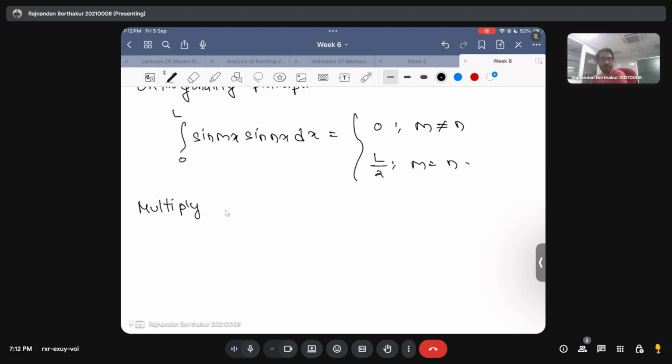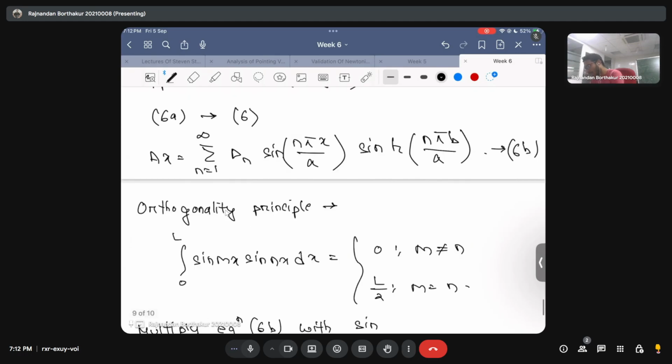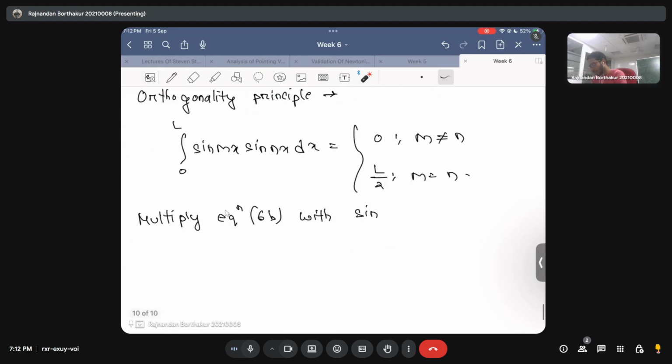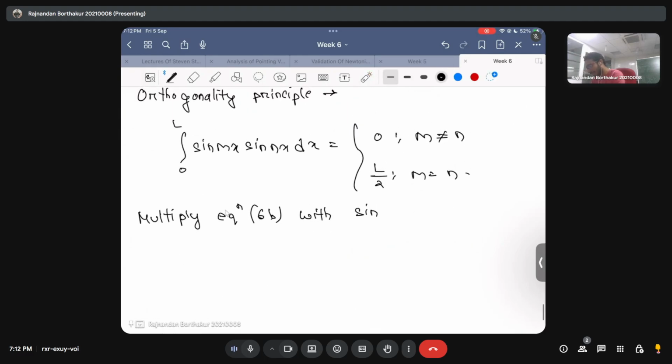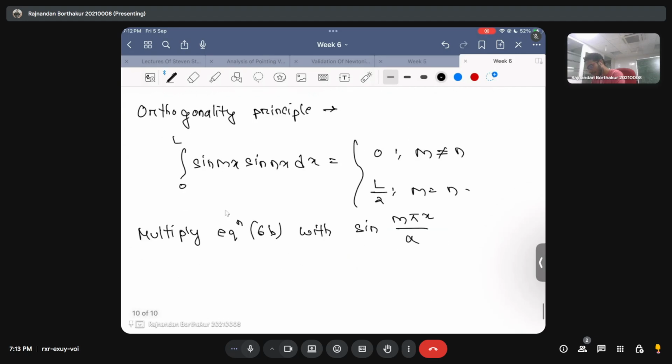In order to use the orthogonality principle, I will multiply equation 6b by sine m pi x by a. That is what I should multiply it by.